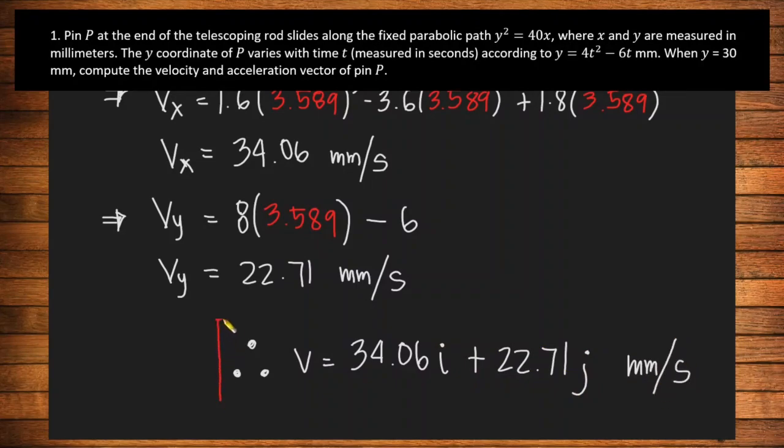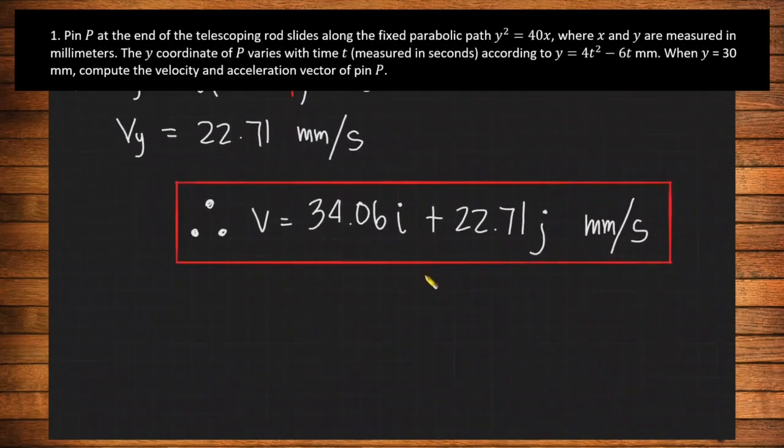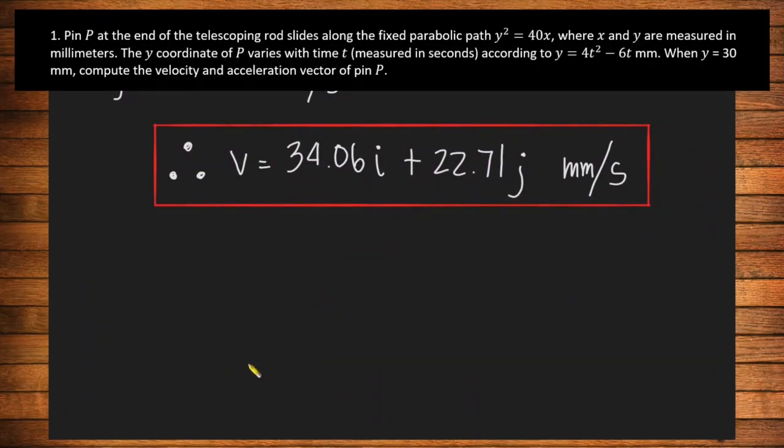Okay, so how do we visualize this velocity? Ano bang itsura nito? So again, recall that our unit vectors i and j indicate the direction of our vector. Therefore, our velocity vector is 34.06 millimeters per second along the x direction or along the i direction, and then it is 22.71 millimeters per second along the y or j direction.